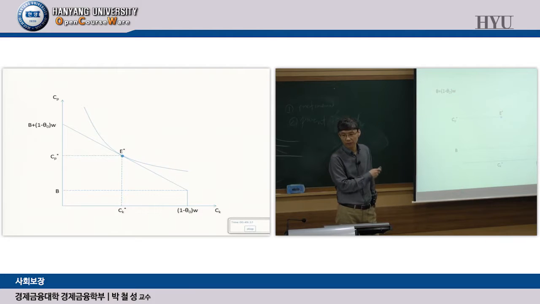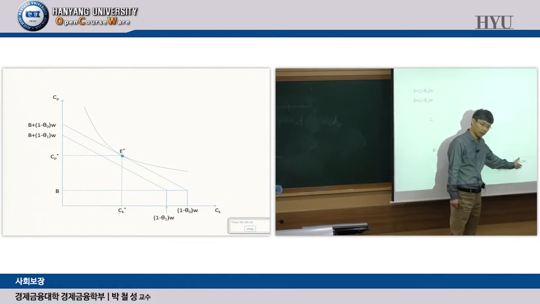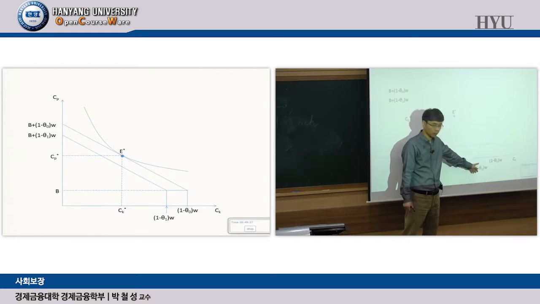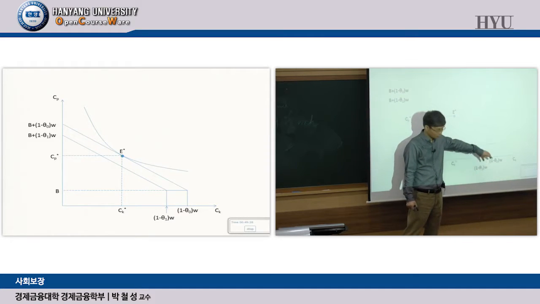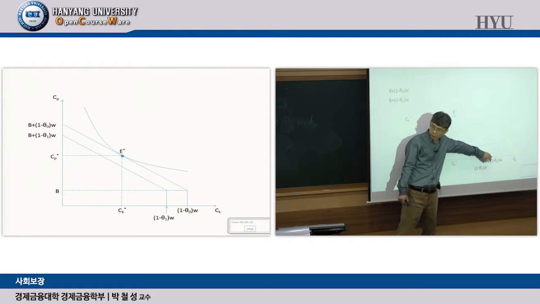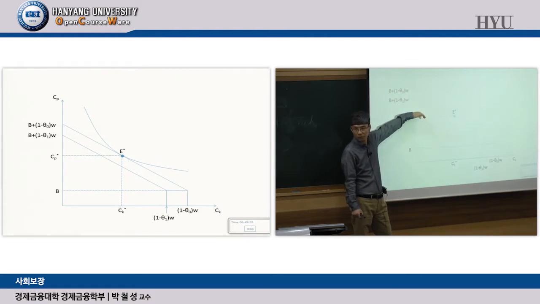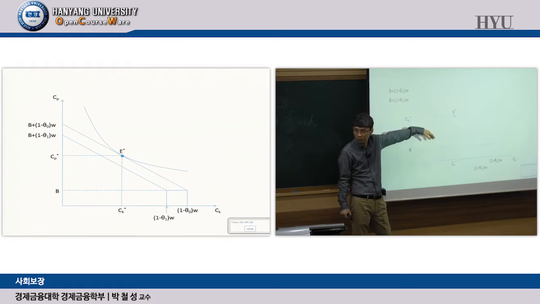It should not affect the parents at first glance, but what happens here is that now 1 minus theta 0 times W becomes 1 minus theta 1 times W, right? So the child's disposable income decreased, and this whole budget line will shift inward. Okay? Then what happens?